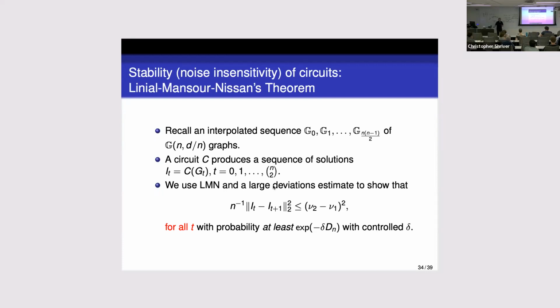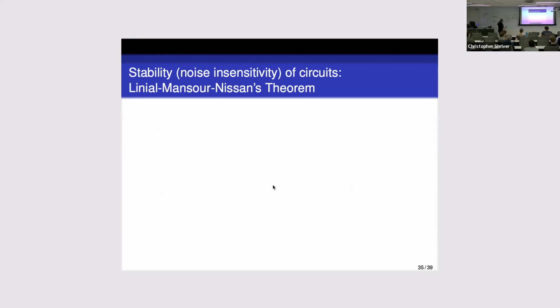All right. So we can show that, in fact, this entire path is stable. It consists of only small jumps, but that happens with small but controllable probability. On the other hand, we know that when this happens, we cannot have that picture.